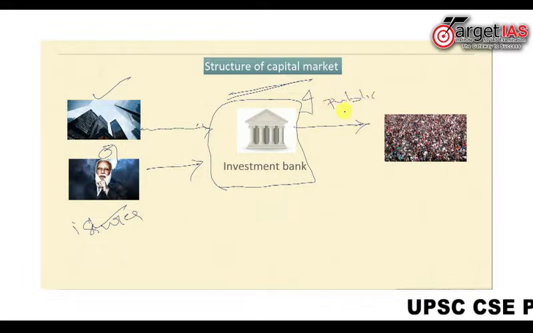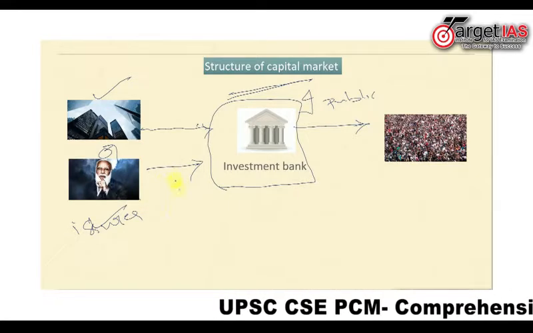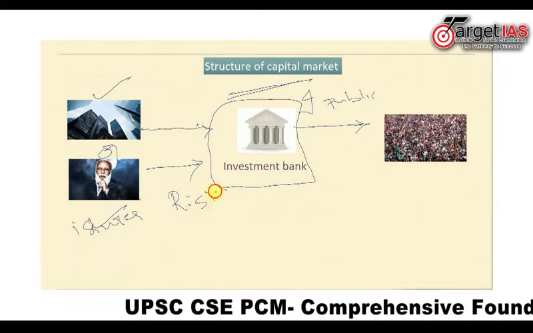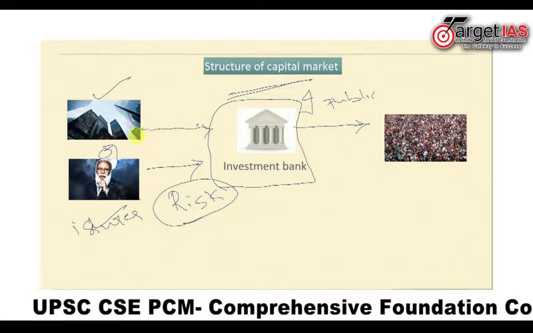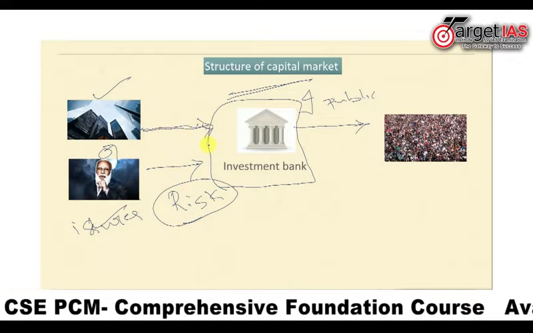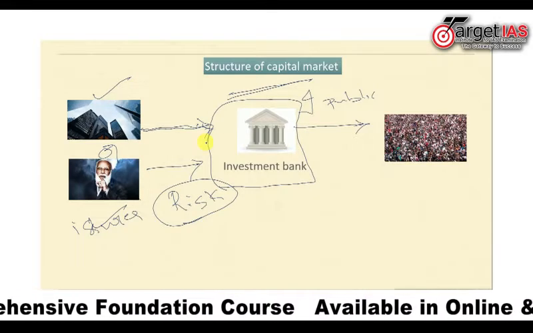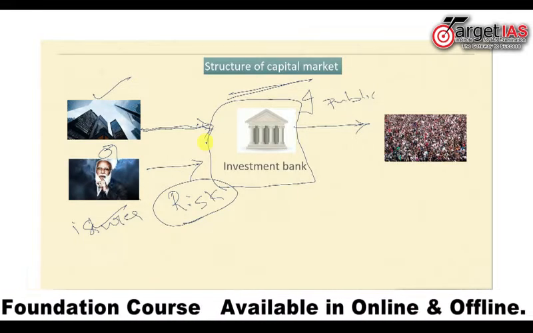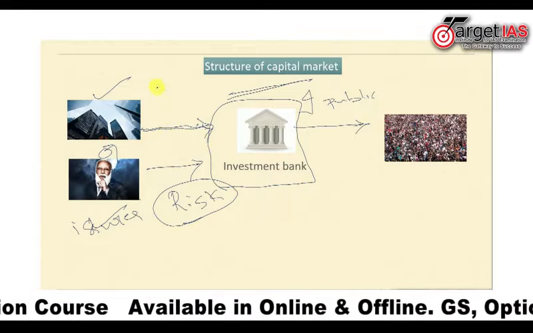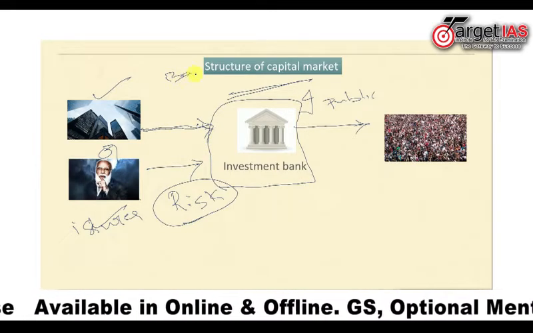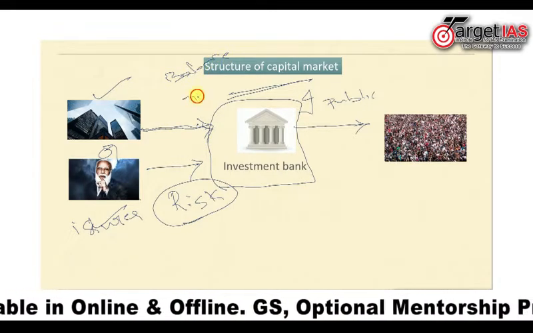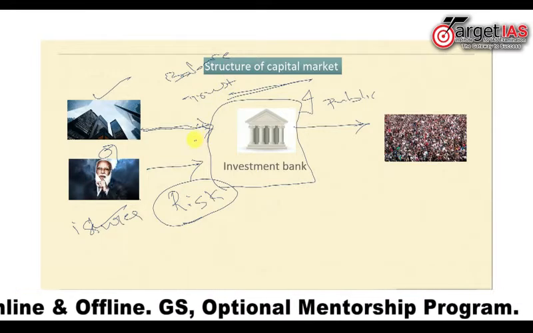So you are aware that risk is involved in it, because why do we invest in a government, or why do we invest in a company? That is based upon the balance sheet, if you go by the technical term, or the trust gained by these institutions.